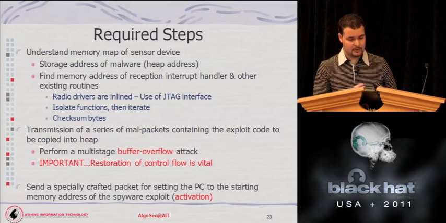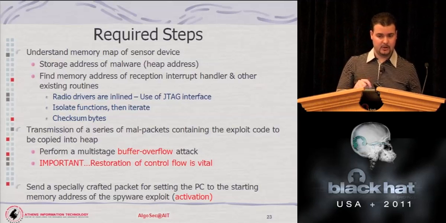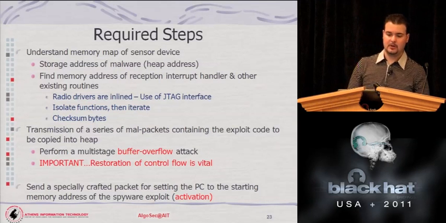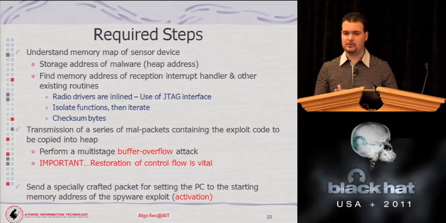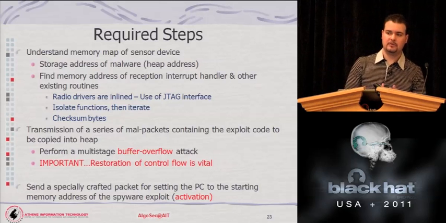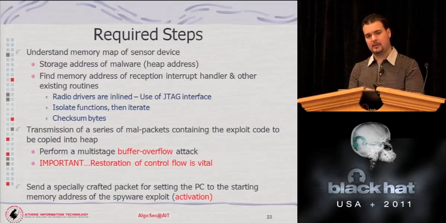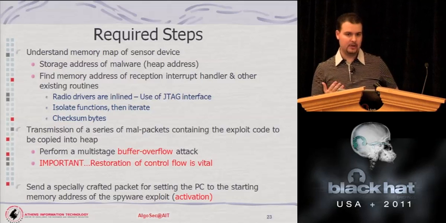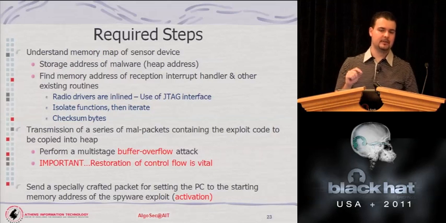The second thing is to find the memory addresses of existing functions that will be used by your exploits. For example, you will use in the data retrieval exploit the radio transceiver. So you have to find the memory address of where this function is stored. But this is pretty easy because all functions in sensor networks are inlined.